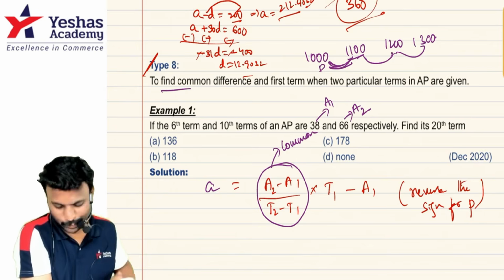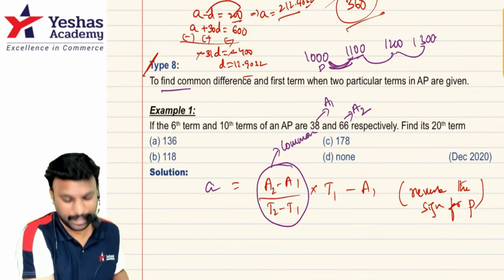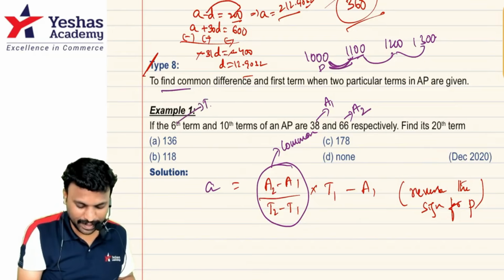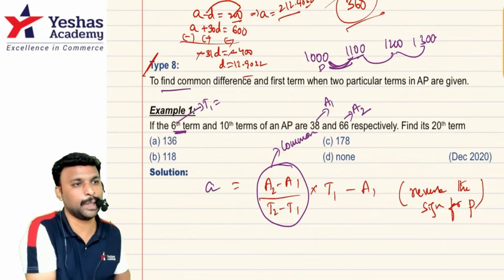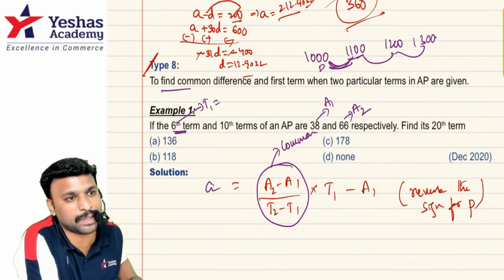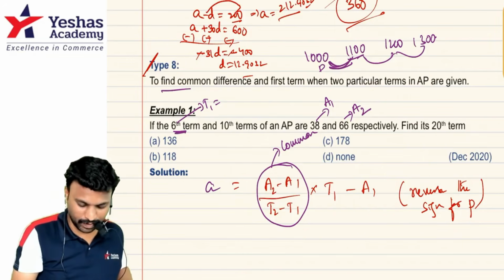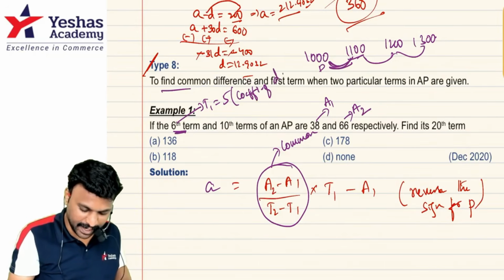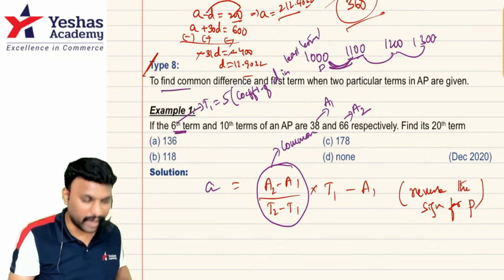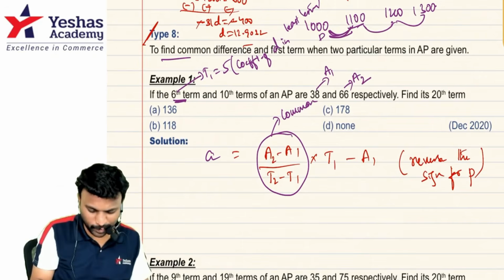Now, when you take T1 and T2, please understand T1 is always the coefficient of D in the least term. What is the coefficient of D in the sixth term? 5. How is it 5? It's the coefficient of D in that least term. You write it down in the formula only.